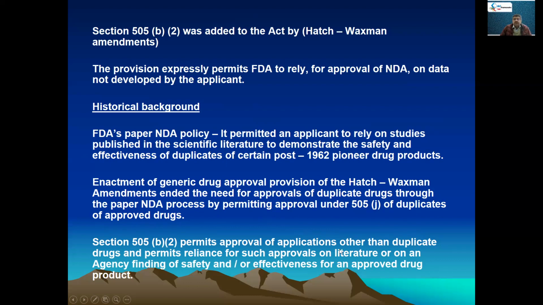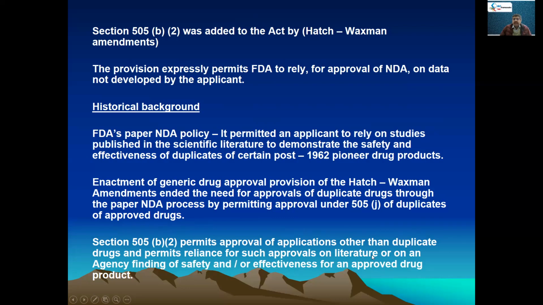505(b)(2) permits approval of applications other than duplicate drugs, and permits reliance for such approvals on literature or on an agency finding of safety and or effectiveness for an already approved drug product. This means there are two sources or two tools which can be used for submitting the data for safety and effectiveness in the case of 505(b)(2). What is the first tool?